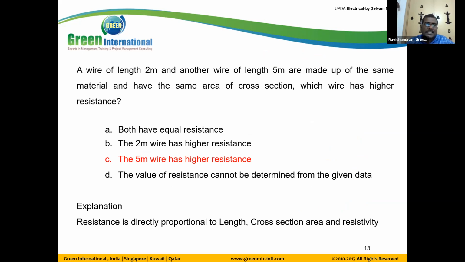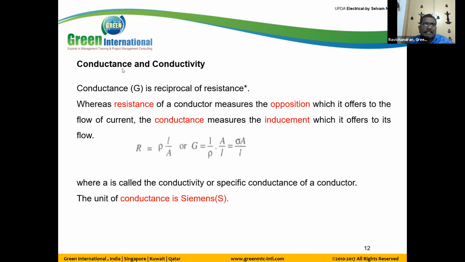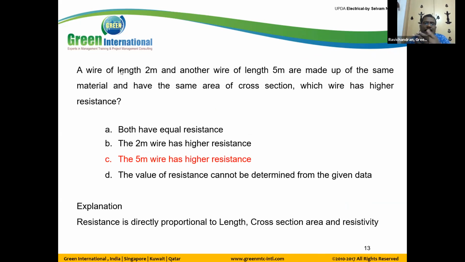So from this law of resistance, conductance, conductivity, we have a few problems, two or three problems. A wire of length 2 meter and another wire of length 5 meter are made up of the same material, having the same area of cross section.